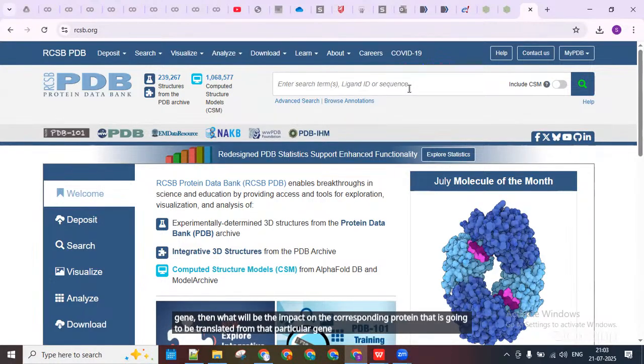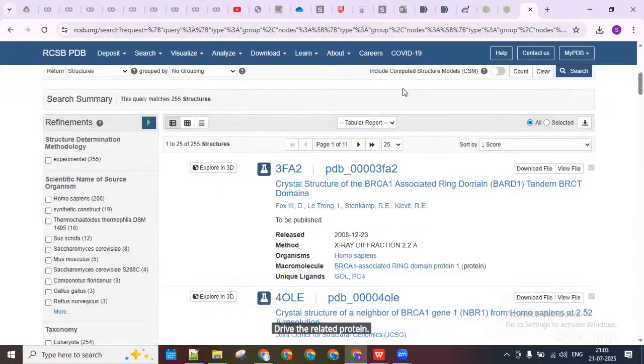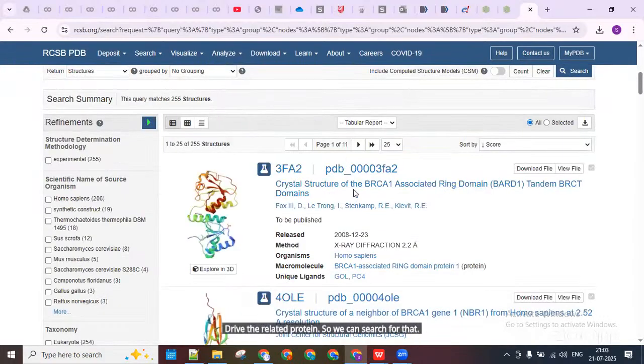So that we can search here. Maybe if we are interested in drug-related proteins, we can search for that.